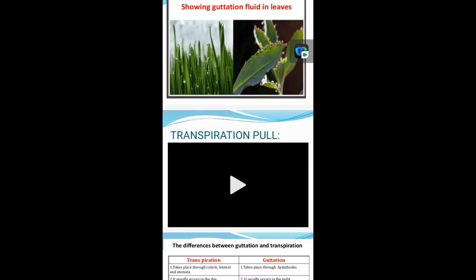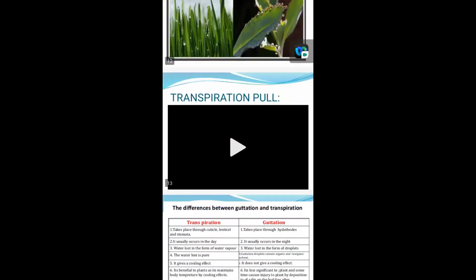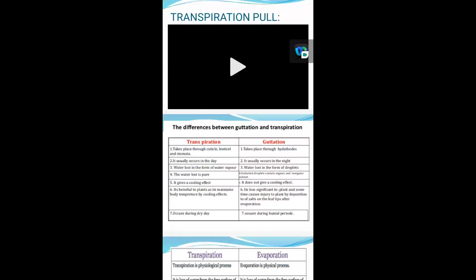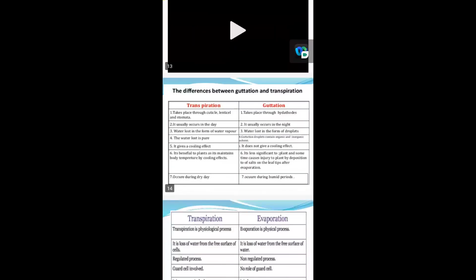So we have seen there is a loss of water in two processes: one is transpiration and the other is guttation. What is the difference between transpiration and guttation? You can see the differences here in the table. Transpiration takes place through the cuticle, endodermal cells and the stomata, whereas guttation takes place through the hydathodes. Transpiration usually occurs in the day, guttation usually occurs in the night.